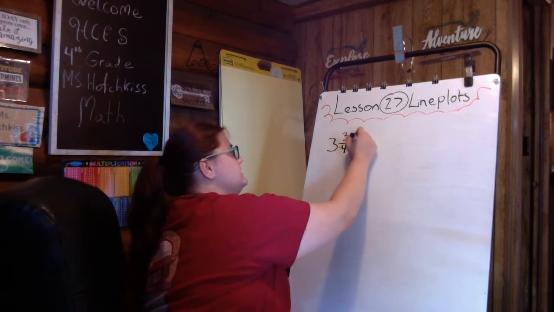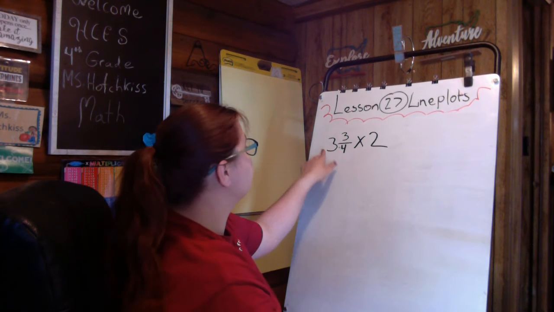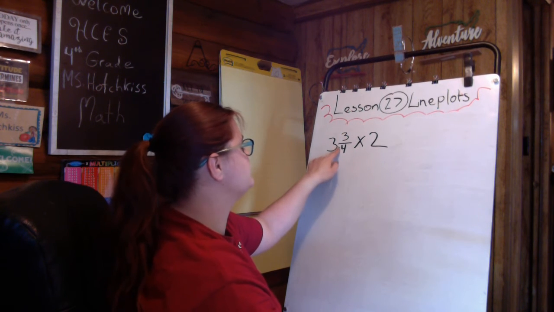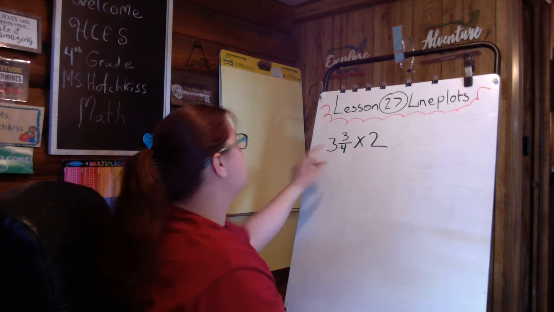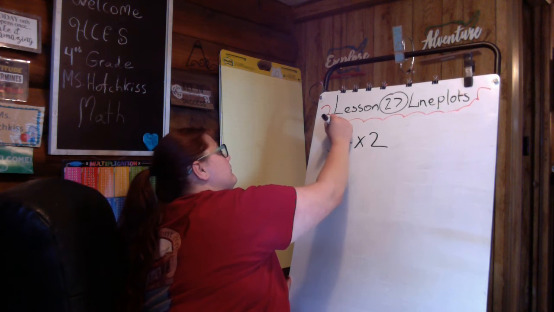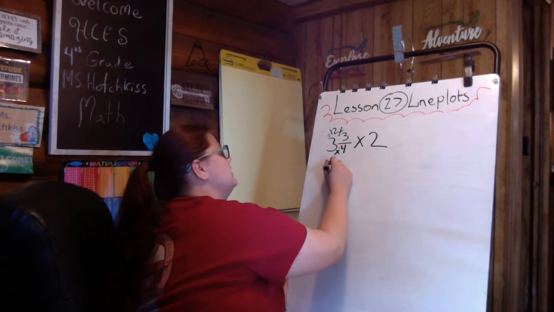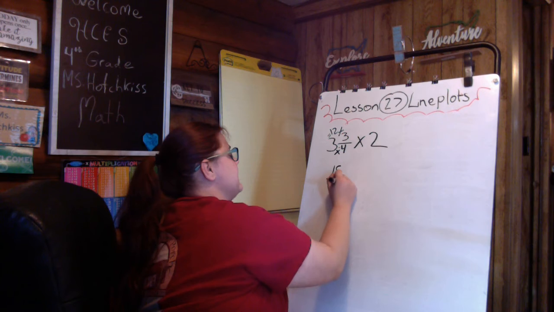And let's just say we were going to multiply that by 2. Before I can multiply that, I have to change this into an improper fraction. And how I do that is I do 3 times 4 is 12. And then I add my numerator. 12 plus 3 is 15. And my denominator stays the same.